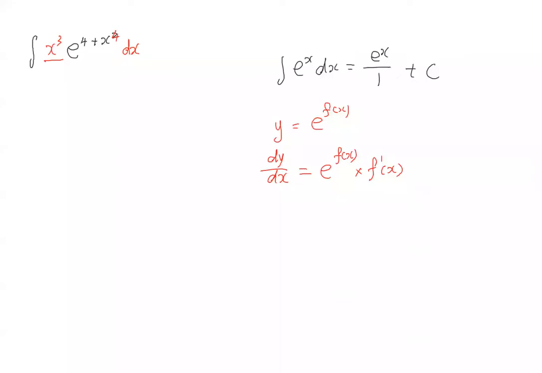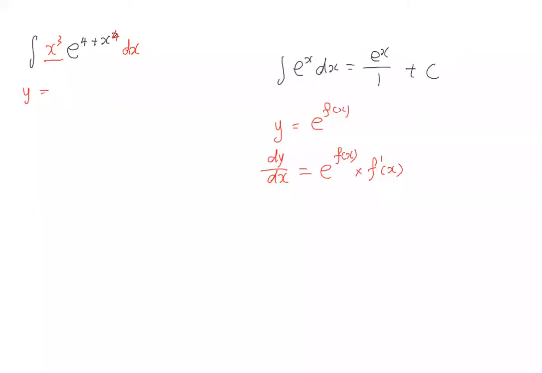You haven't seen how I... y equals e to the power of 4 plus x to the power of 4. So dy/dx will be equal to e to the power of 4 plus x to the power of 4 times 4x cubed.